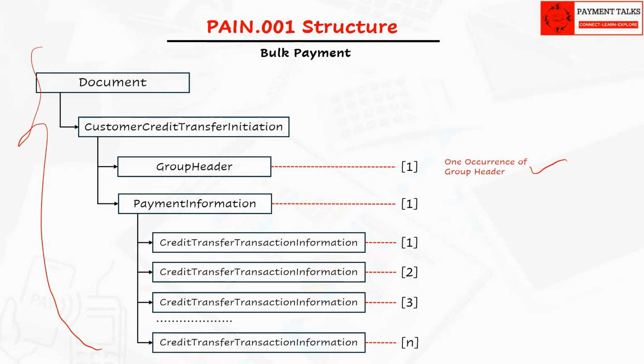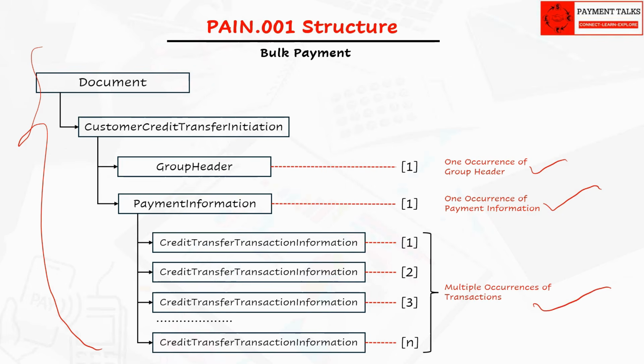Since it is a bulk payment with single debit, the payment information section will be only once, which carries the debtor and debit account details with execution date. In bulk payment, we have multiple beneficiaries, that is multiple creditors with different amounts to be paid. So the transactions section which contains this creditor and other transaction level details like amount etc. will be repeated to cover all the beneficiaries.